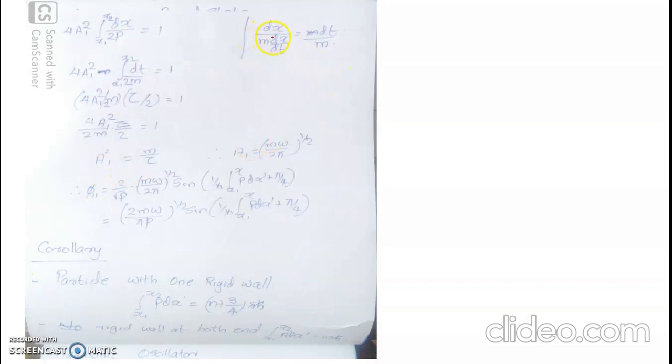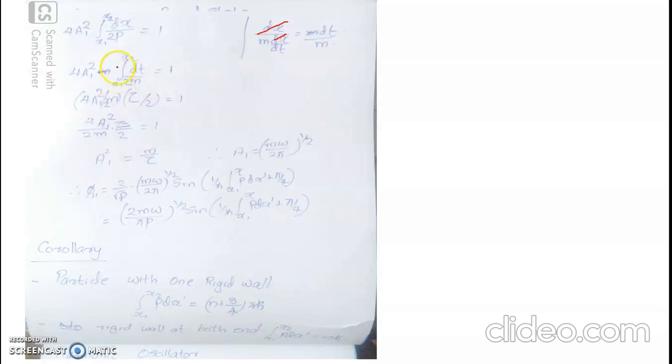Now we know that the momentum is mass times velocity, dx by dt. So dx vanishes, what remains is dt divided by m, which is put here. For a1 square integral, 1 by 2 dt divided by m, that's equal to 1. 2m is also constant and is taken out: a1 square by 2m. Integral dt is t.